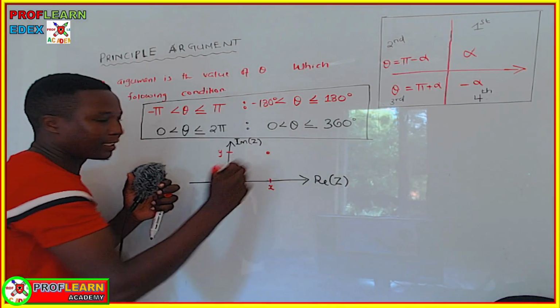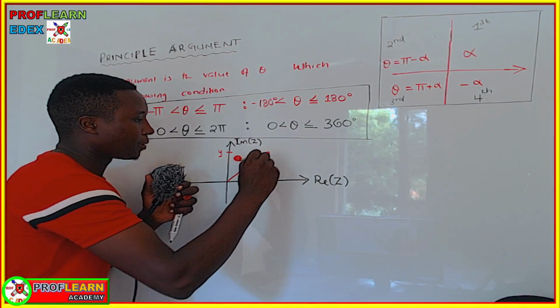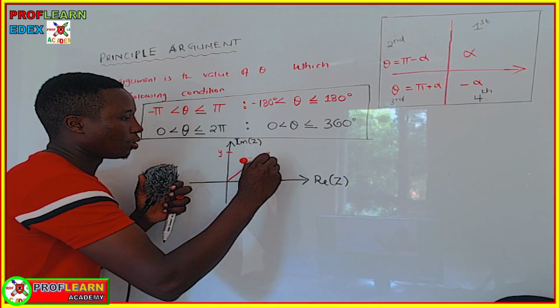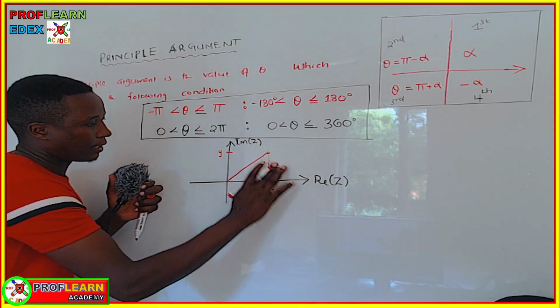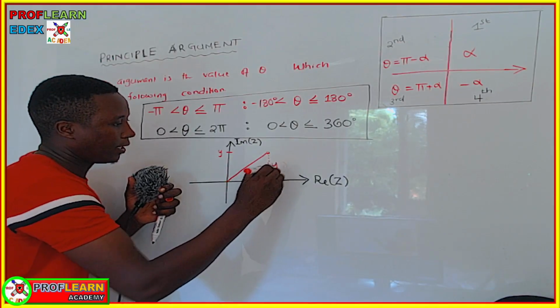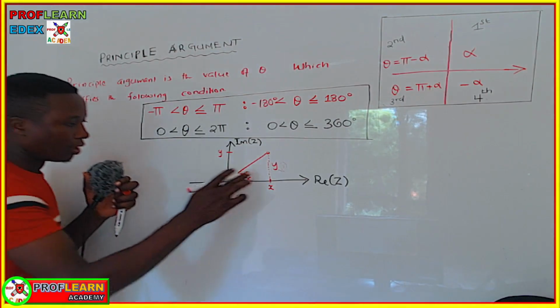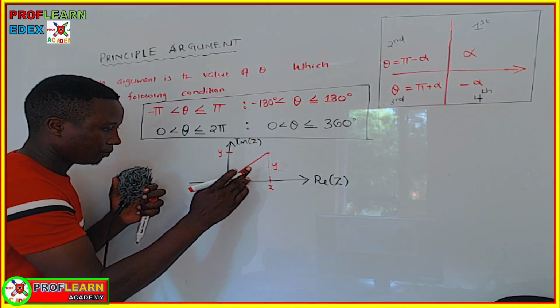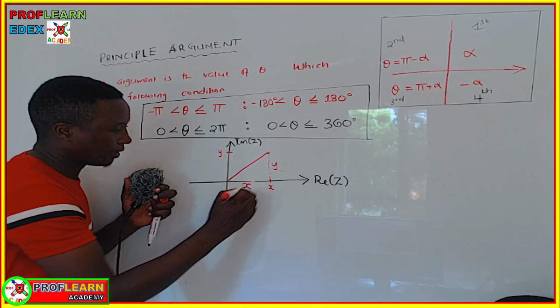So in a Cartesian plane, we are going to have this complex number represented as such. So meaning that we have our x and we have our y, and then we have our x at that given point.